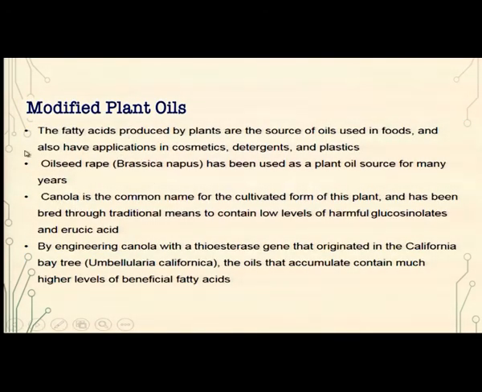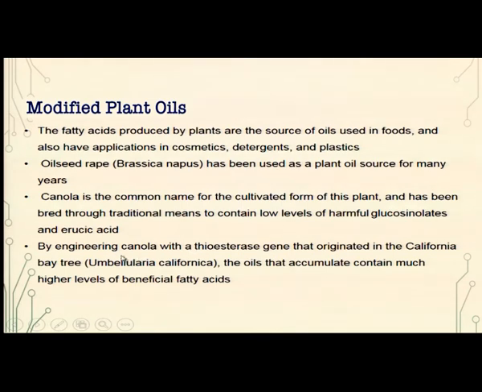Modification of plant oils. The fatty acids produced by plants are the sources of oils used in food, in cosmetics, in detergents, etc. Oilseed rape, or Brassica napus, has been used as a source of oil for many years. Canola is the common name for this, and canola oil is known to have low levels of the harmful glucosinolates.